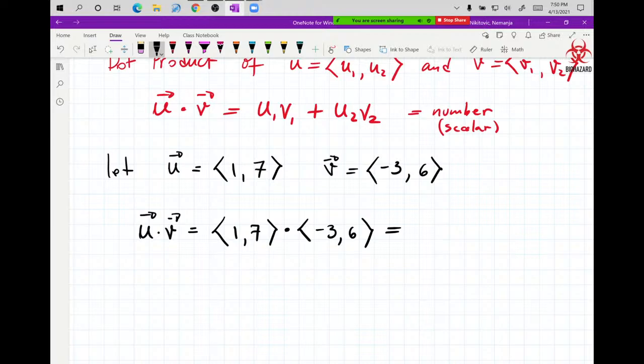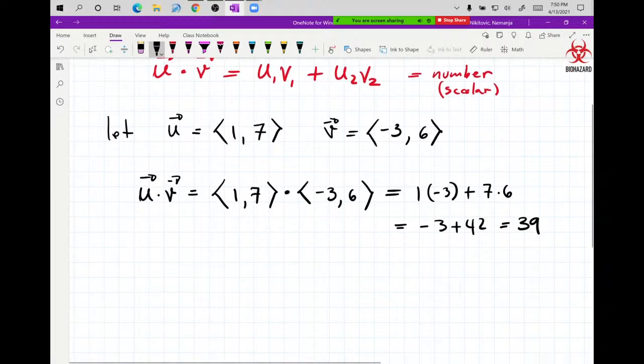So let's take a look at this dot product example here. We have 1 times negative 3 plus 7 times 6, and that's going to be negative 3 plus 42, which equals 39. So the dot product of these two vectors is a scalar, and the value is 39.